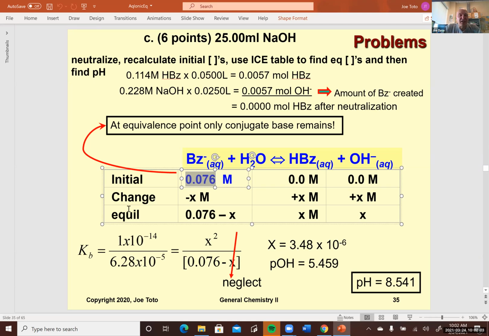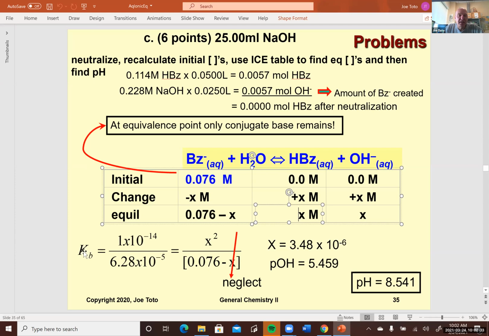Now you see that the ICE table looks a little different than it did before in the buffer region because you're not starting out with any weak acid anymore. It's all gone. Now you have all conjugate base. But no big deal. You've done weak base equilibrium before. So you set up the ICE table.